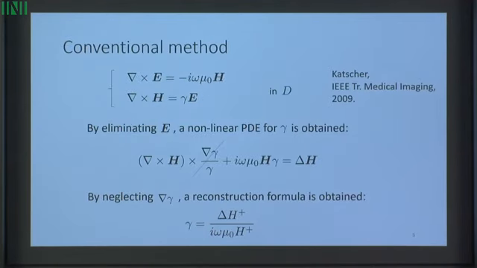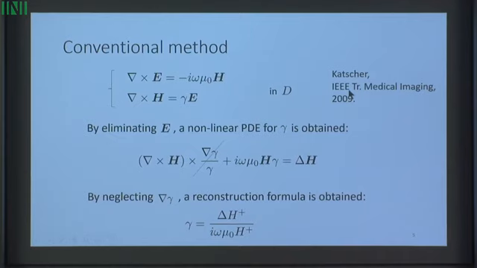First, let me introduce a conventional method, which is a very rough method, but in our field it is regarded as a standard method. Since we can only measure the magnetic field and cannot measure the electric field, from these simultaneous PDEs we eliminate the electric field to get a relationship between the magnetic field H and the unknown electrical property gamma. But this is a nonlinear PDE for gamma.